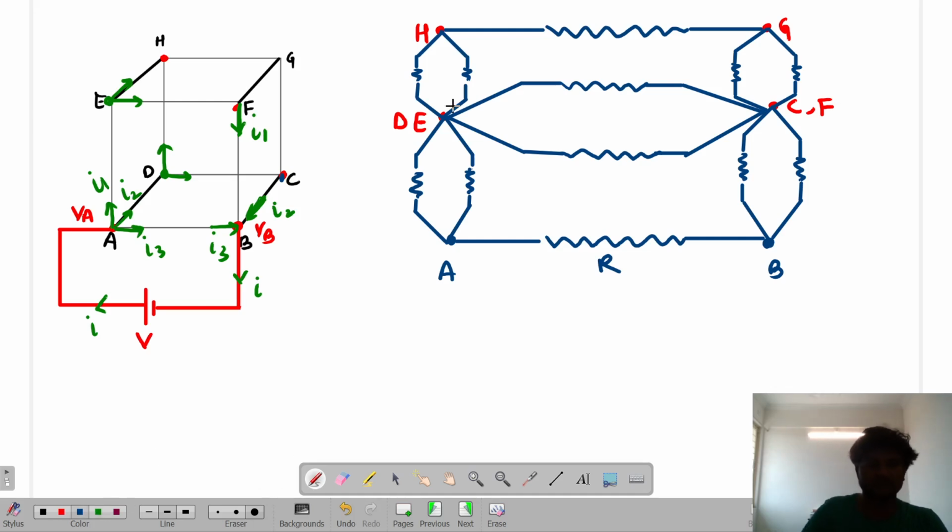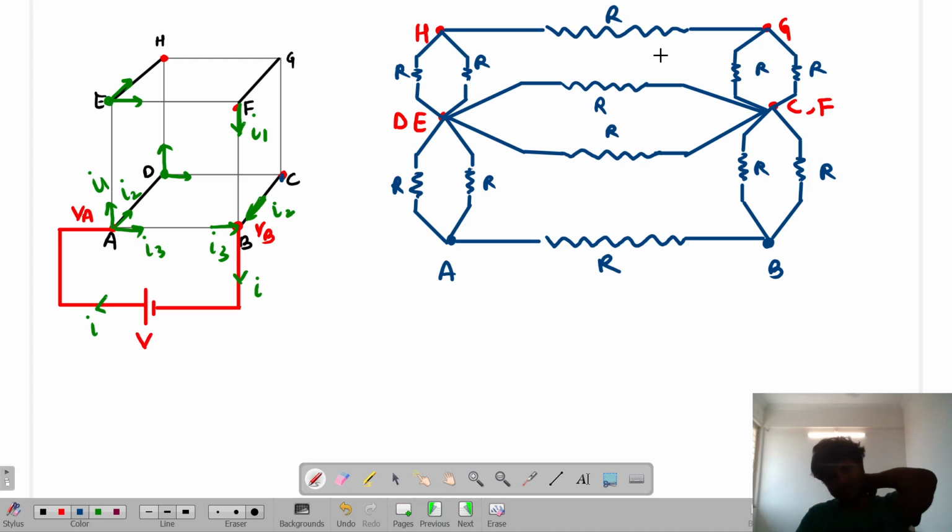So let me mention R, R, R, R, R, R, R. So this is how much? R by 2. This is how much? R by 2 plus R, isn't it? How much will that be? 3R by 2. R by 2 plus R by 2 plus R. It will be 4R by 2, no?